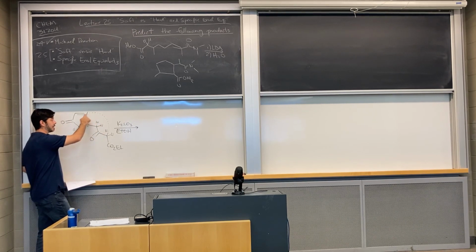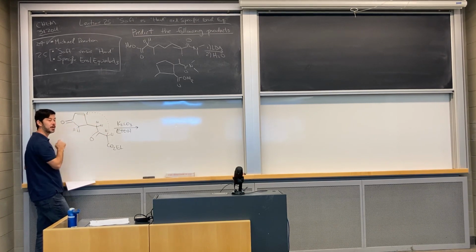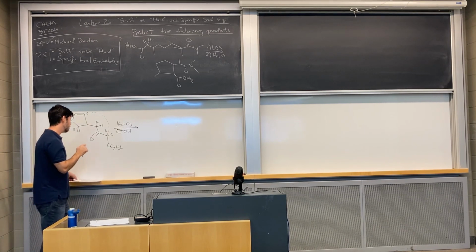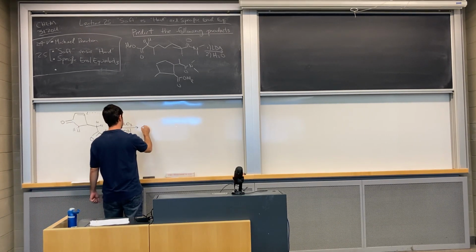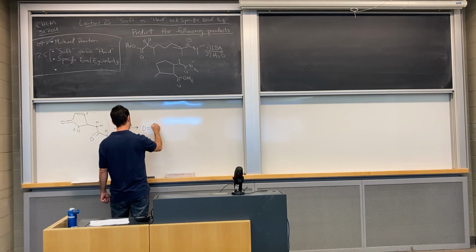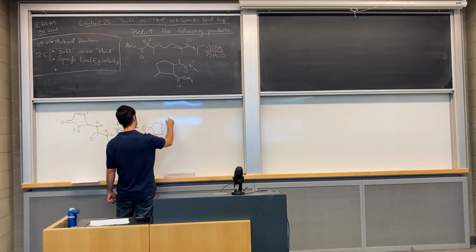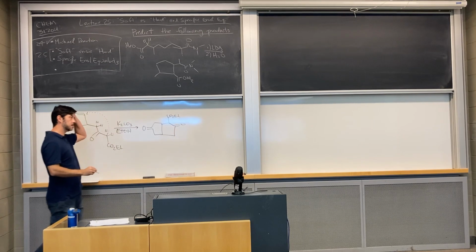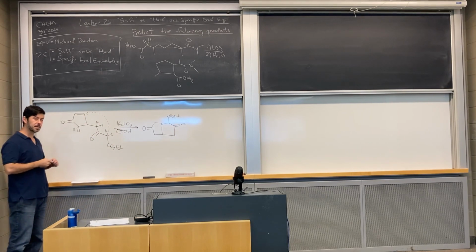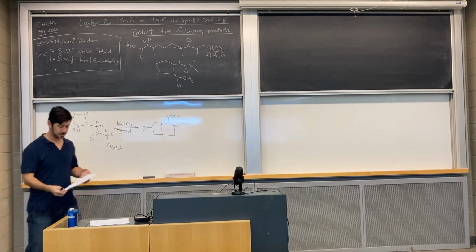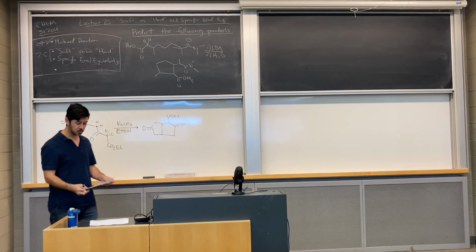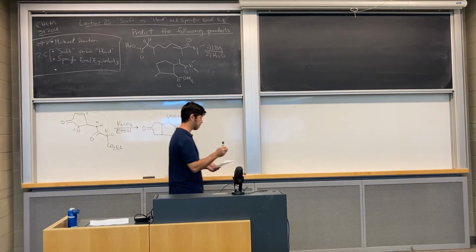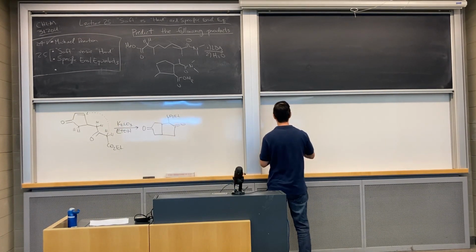So the better ring is going to be here through the Michael addition. So the final product will look like this. Definitely try out some of these mechanisms on your own time, and let's go through another last example for now.